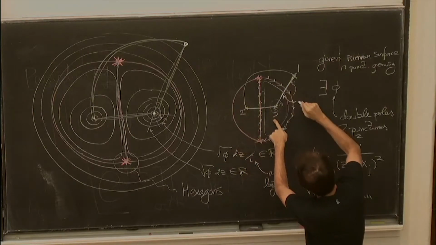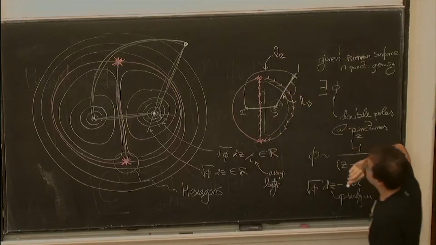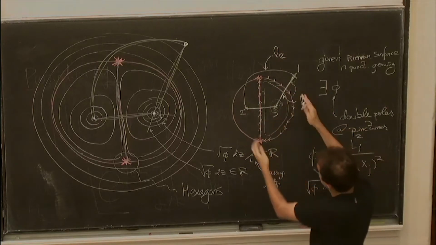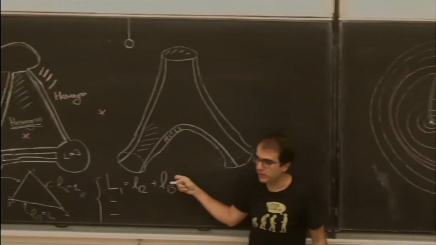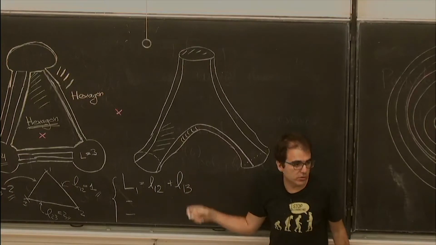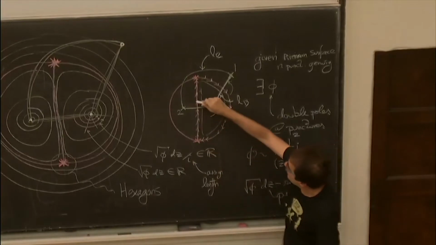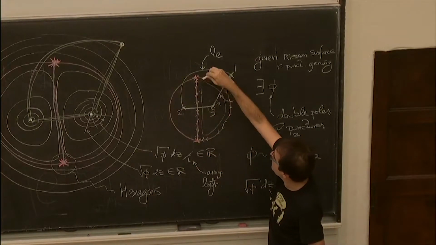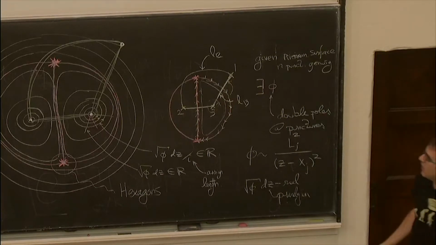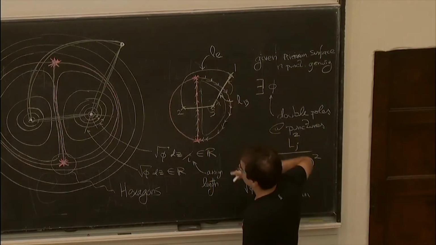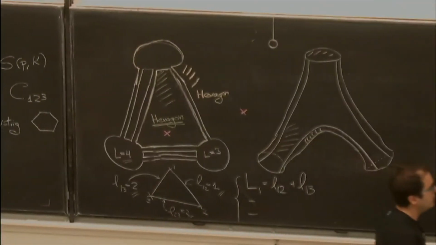If I call this L13 and this one L12, by exactly the same contour argument, I get an equation for this length, which is exactly the same equation as in the gauge theory. It is just contour manipulation: this length plus this length is L3, this length plus this length is L2, and this length plus this length is L1. So in total, all the lengths of this graph are fixed. So I obtain a graph, which is exactly this graph here, this triangle, this green graph.